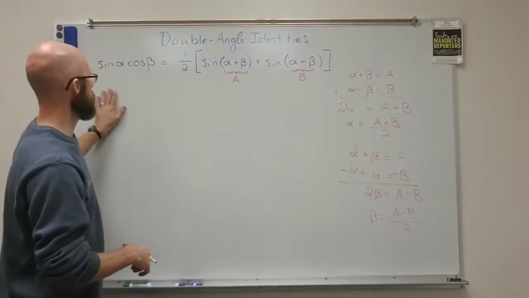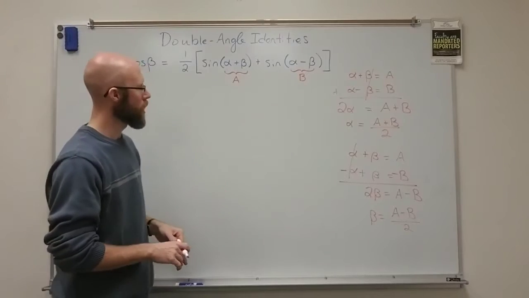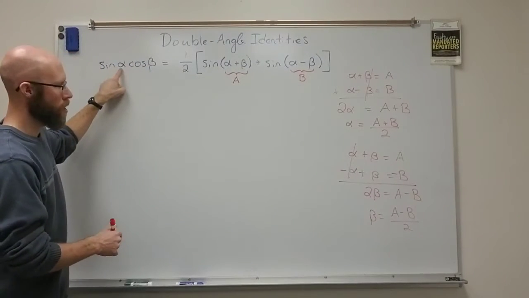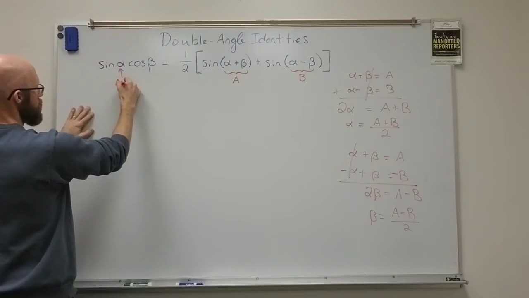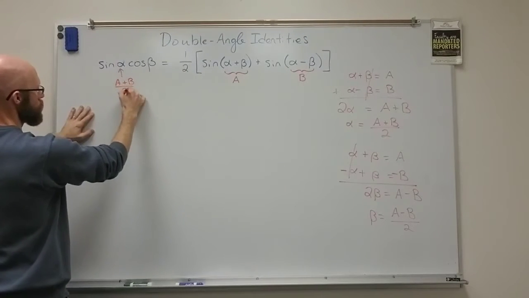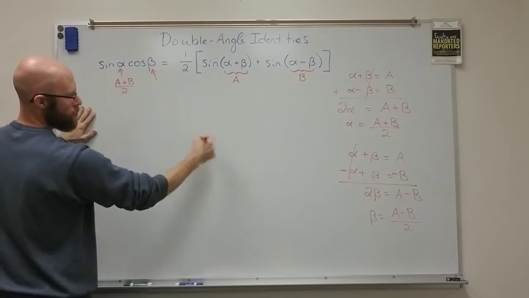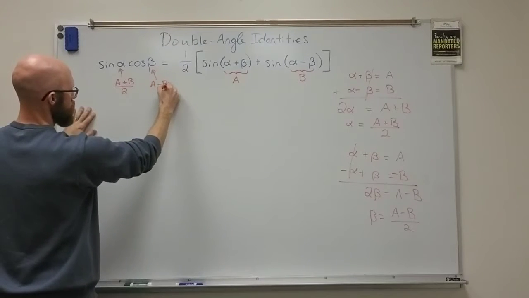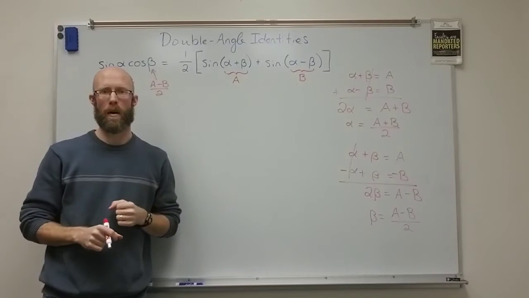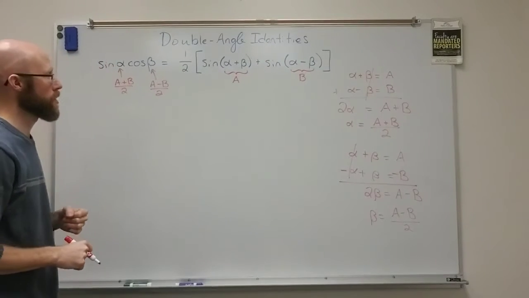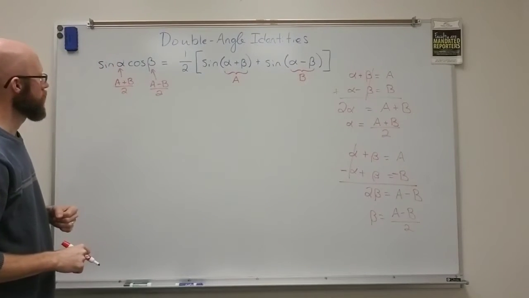So I've established an expression for alpha and beta. Now if I go back to the original equation, I can replace alpha with A plus B over 2, and beta with A minus B over 2. I'm just doing a variable swap for the angles.